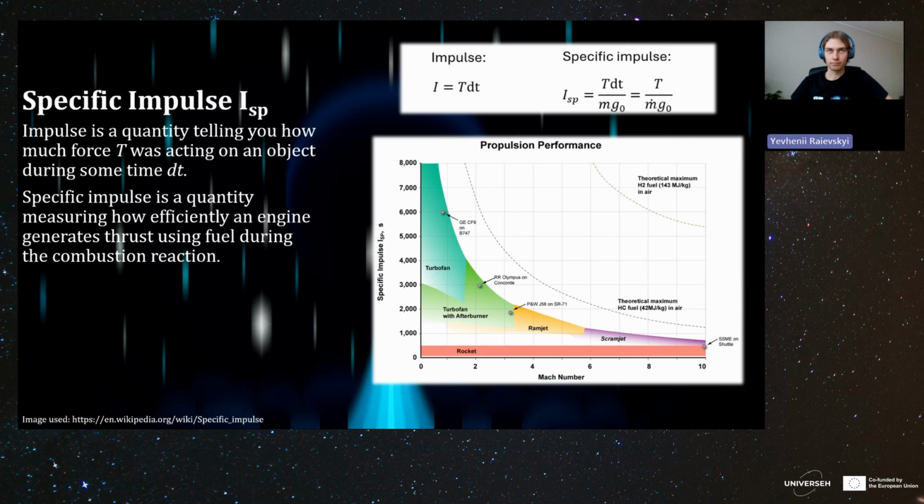This is the main reason why velocities are very high for rocket engines, and why those rocket engines are at the bottom line here. And of course, propellant is counted as fuel and oxidizer, not only fuel as with jet engines.